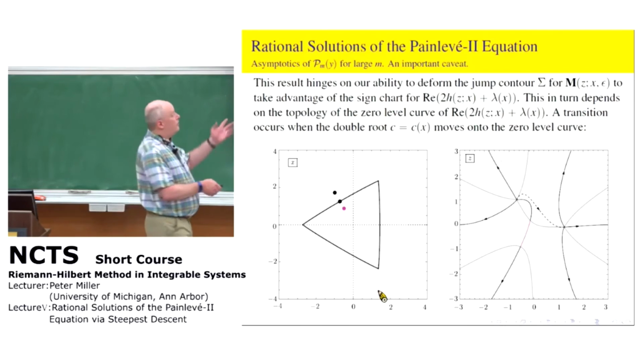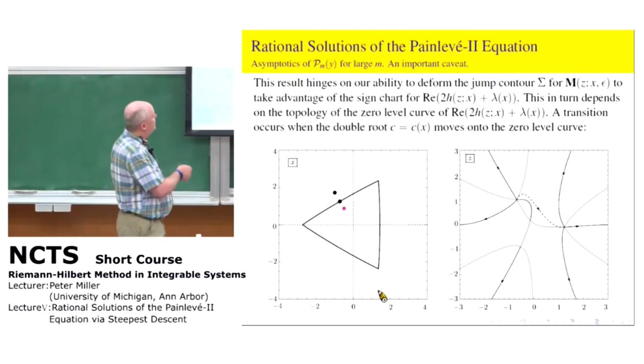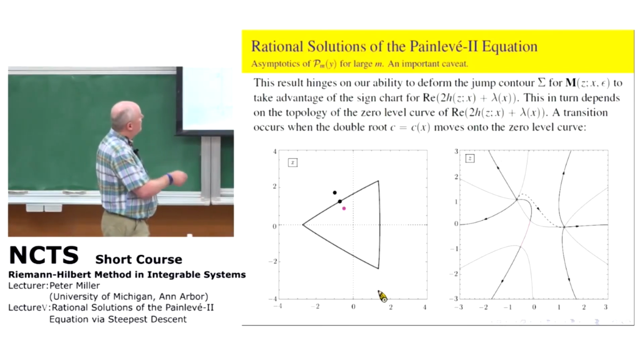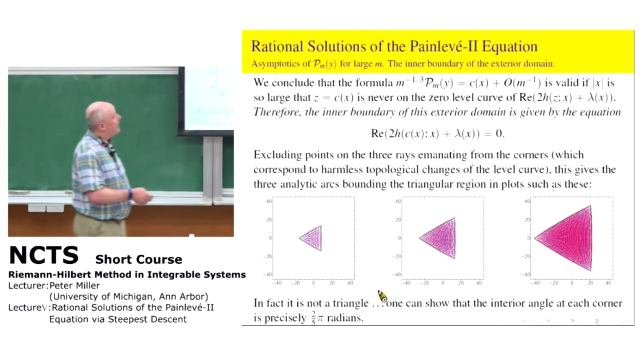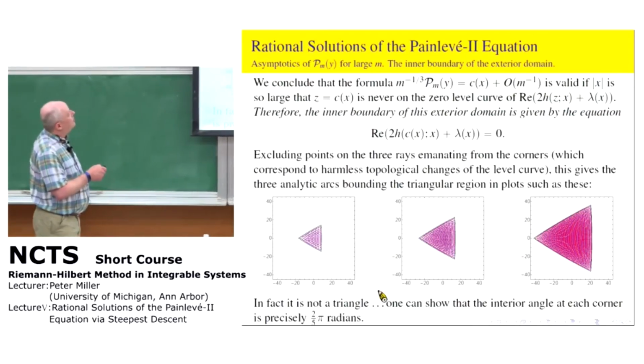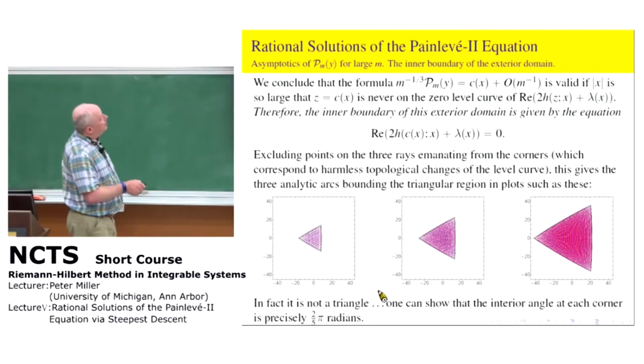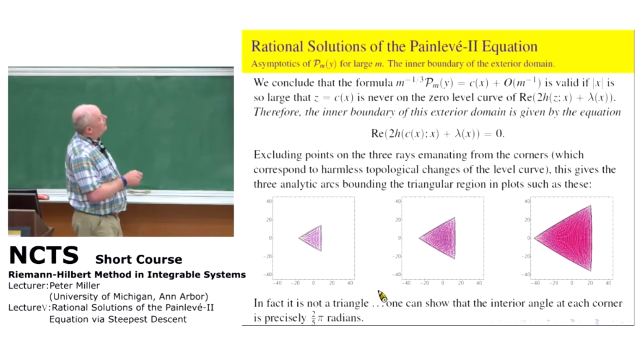Okay? So in order for that to be a theorem, somehow there's a condition on x, like x should be outside of this triangle. Then we have that result. So we conclude that this formula here is valid if big X, if little x, absolute value is so big that this point c of x is never on the zero level curve of this function.